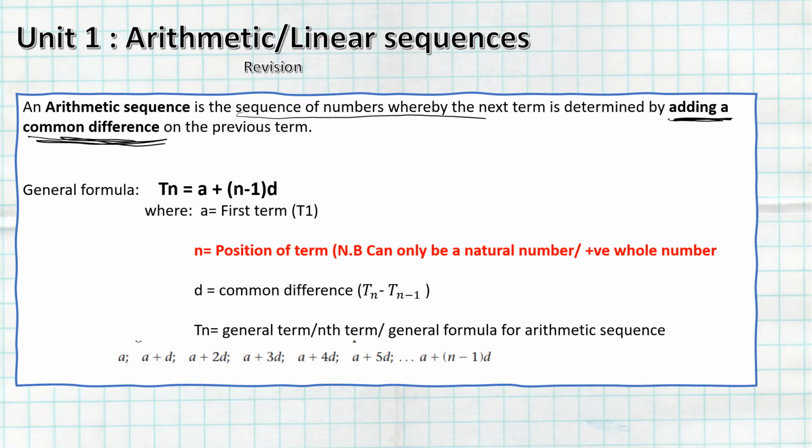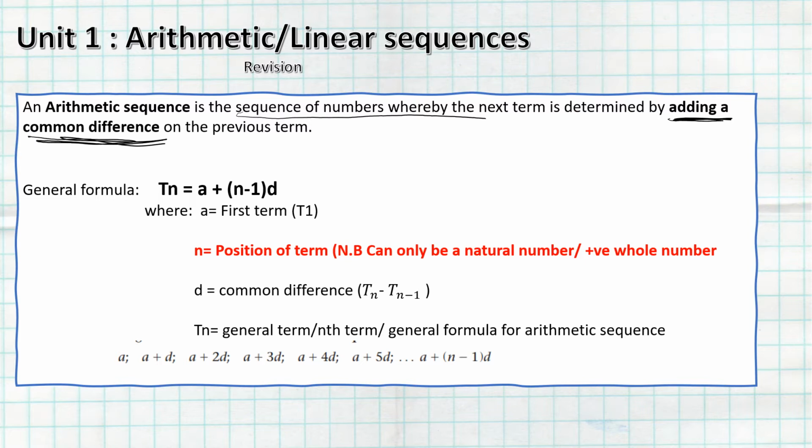The common difference is the difference that is the same between the terms. We add that difference to the previous term in order to get the next term. That is called an arithmetic or linear sequence.